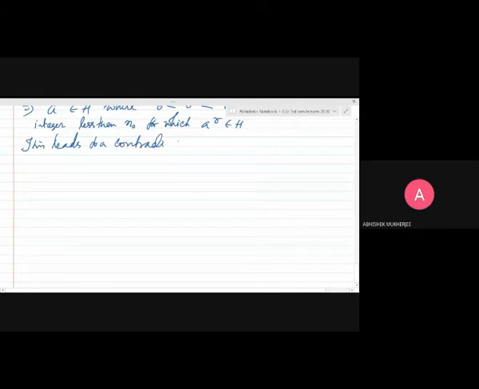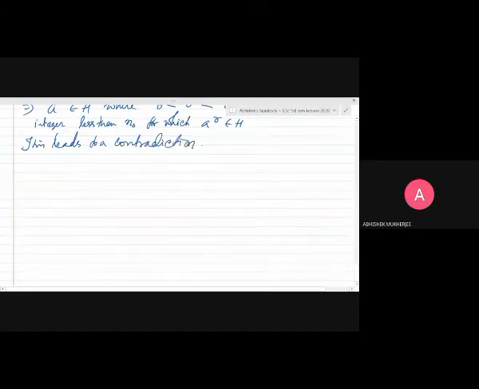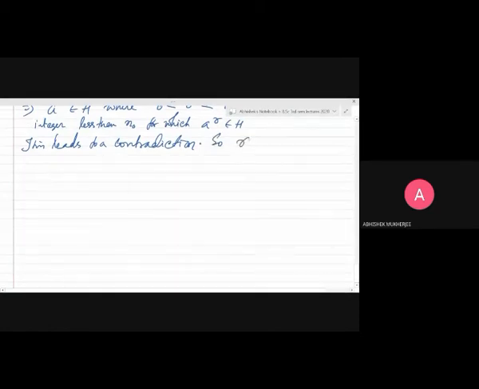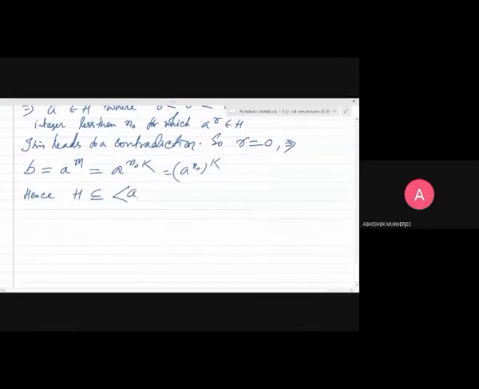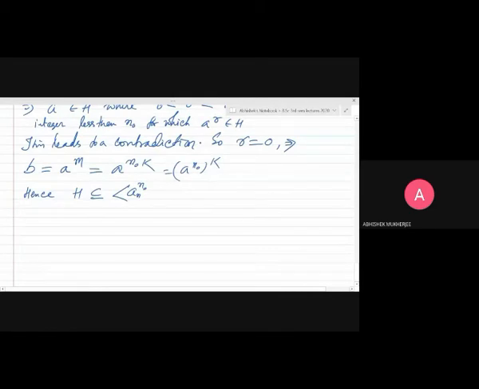So whatever we have assumed was wrong. So R is equal to 0, which implies that B equals A to the power M equals A to the power N naught K. That means (A to the power N naught) to the power K. And hence H is a subset of the cyclic subgroup generated by A to the power N naught.